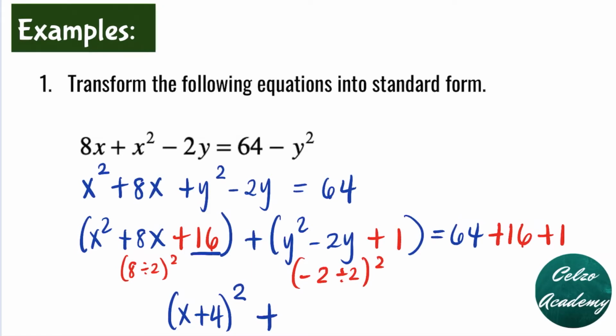Similarly, on the second group, we need to get factors of 1 that will give us a sum of negative 2. And that is negative 1 times negative 1. So we will write the factors as y minus 1 times y minus 1, or the same thing as (y minus 1) squared. And simplifying the right side, 64 plus 16 is 80, 80 plus 1 is 81.